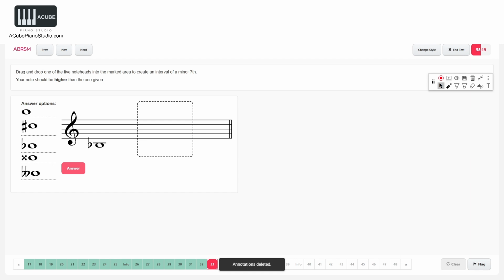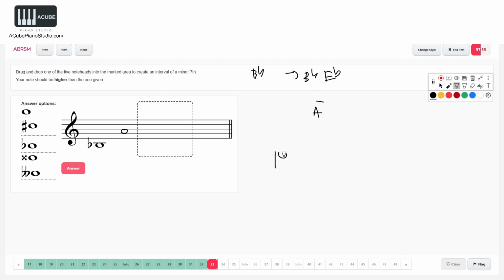Next, drag and drop so that you'll create an interval of a minor 7th. Okay, so from B flat to A, it's going to be a 7th, right? B flat major only has B flat and E flat. So if it's a major key, your B flat major should have A without any sharp or flat.